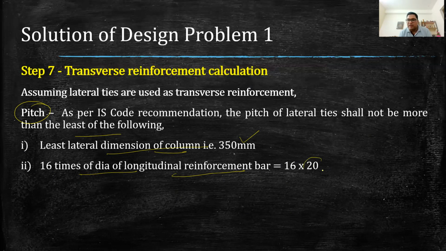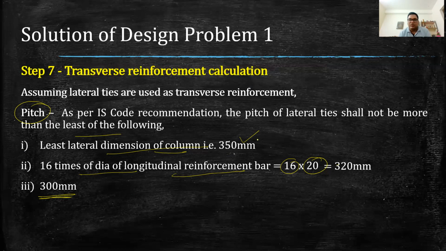The dia of bar is 20 mm that we are using as longitudinal reinforcement, so 16 into 20 becomes 320. That is the second point. Then the third point is 300 mm. So these are as per IS code recommendations.